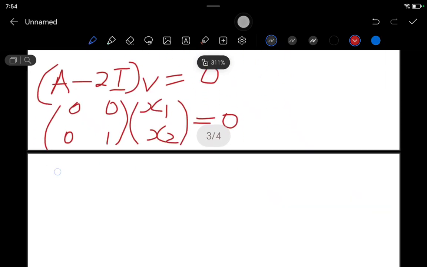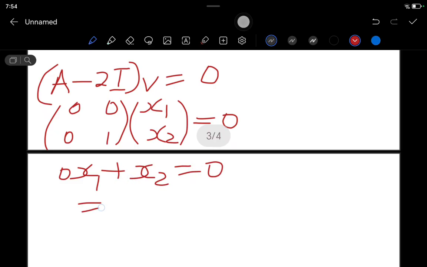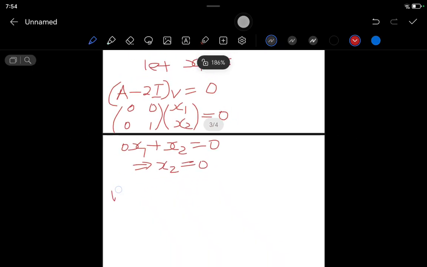This one is invalid, right? Let's not use it. Let's use this one. We're going to have 0 x1 plus x2, which is equal to 0, which implies that x2 is equal to 0, meaning that our v will be x1 x2, where x1 here is t. We're interested in that constant, right? The coefficient of t is 1, then this is 0.